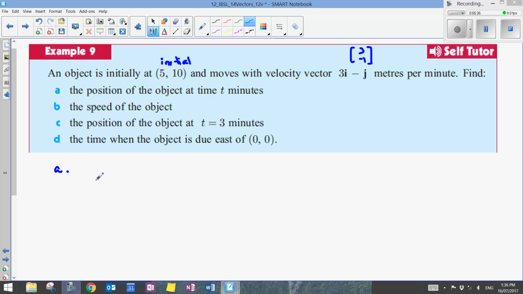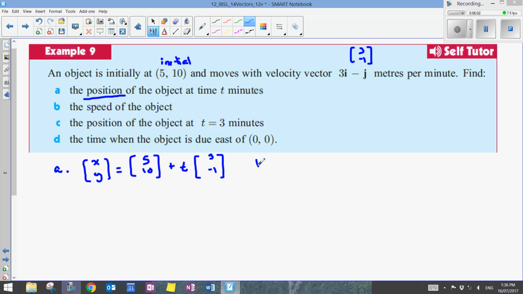All right. Well, we don't know exactly how much time has passed, but we want a position, so a position being an x-coordinate and a y-coordinate. If you take a look at what our actual equation might look like, it's good to always start with that equation because it gives us a good sense of where we actually are. So this particle starts at 5, 10. For every unit of time, it travels in the direction of 3, -1.